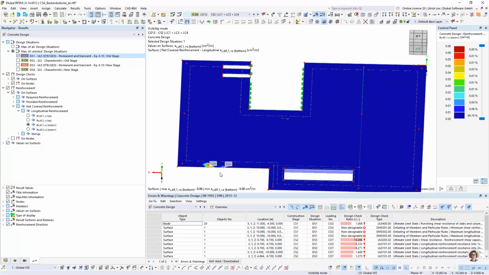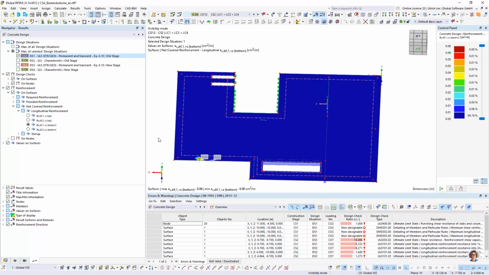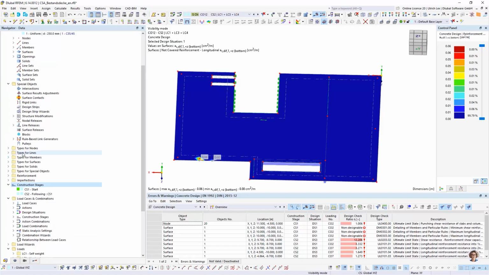Only the small things, but I think it's okay. Here you could use some surface result adjustments to smooth this small things, but it's okay. It's a singularity.